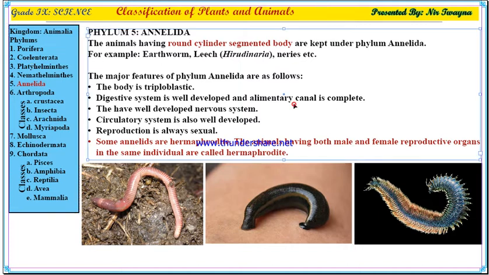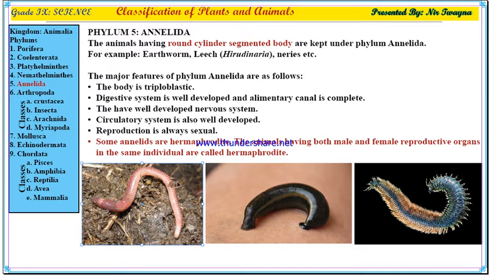It is incomplete in Coelenterata and Platyhelminthes, but it becomes complete from Nemathelminthes. So Annelida also has a complete alimentary canal. It means they have a mouth at one end of the body and an anus at the other end.